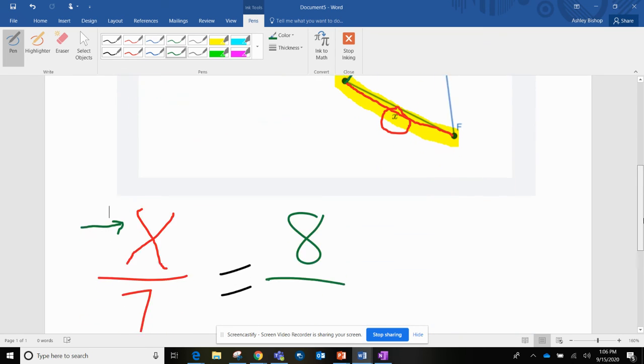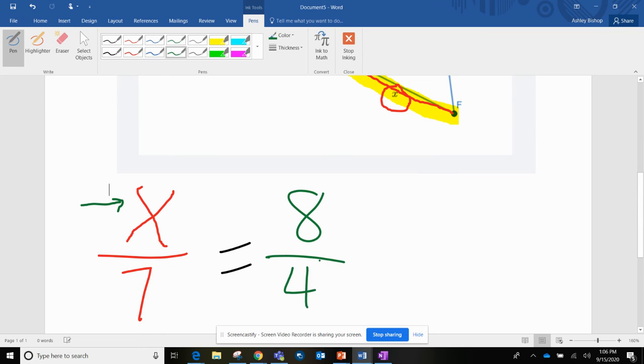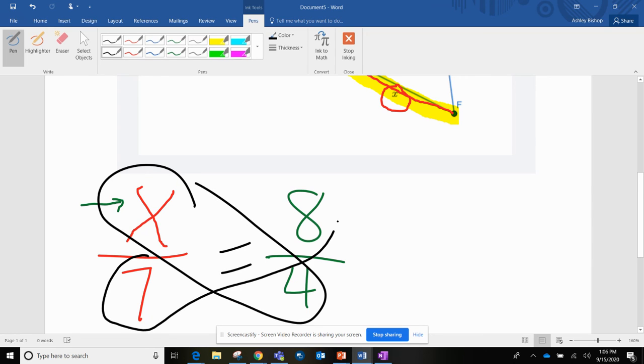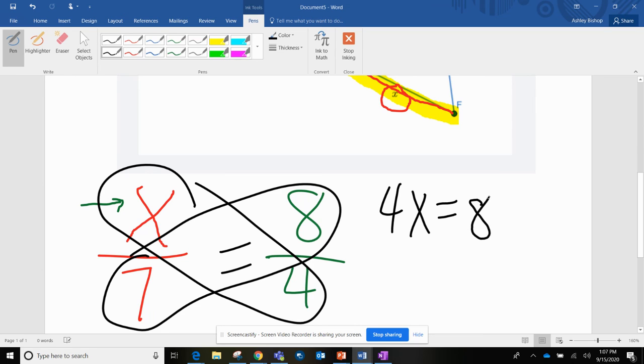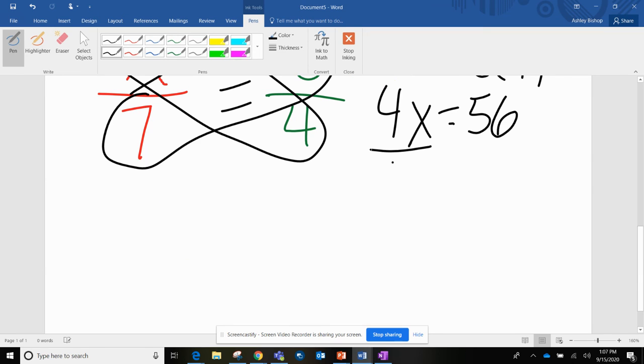So the bottom of my fraction is going to be 4. Those sides are proportionate. And then once you get here, you can cross multiply. You're going to have 4 times X is equal to 8 times 7. 4 times X is equal to 56. Divide both by 4, and you should get X is equal to 14.